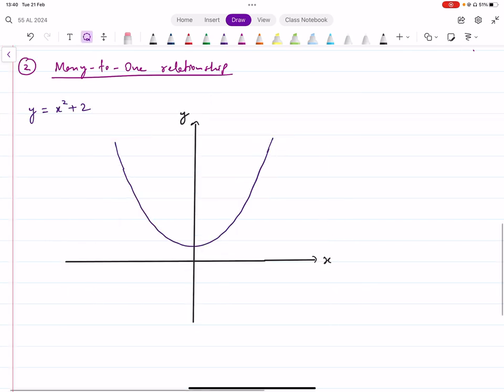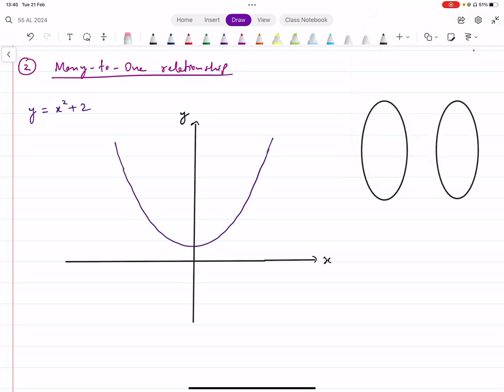Now in this equation, if you were to input different values of x and y, let's see what happens. So again, let's take some example inputs and their corresponding outputs. We have x values here and we have y values here. Let's say we input -2 in this.